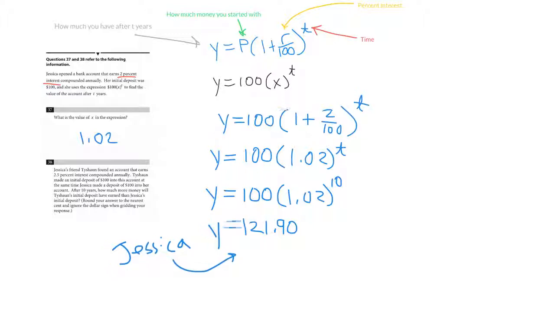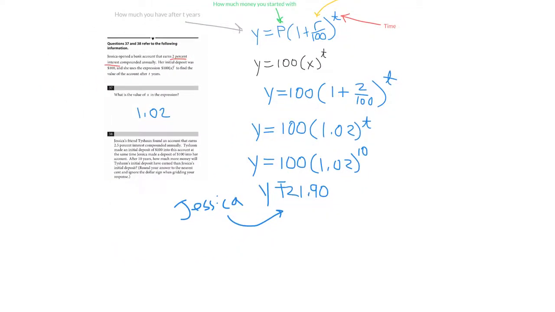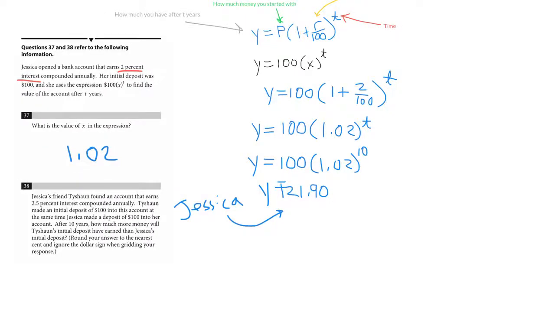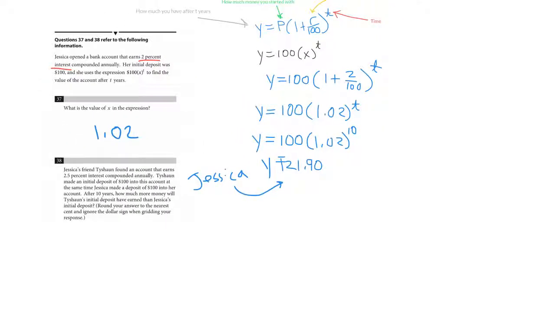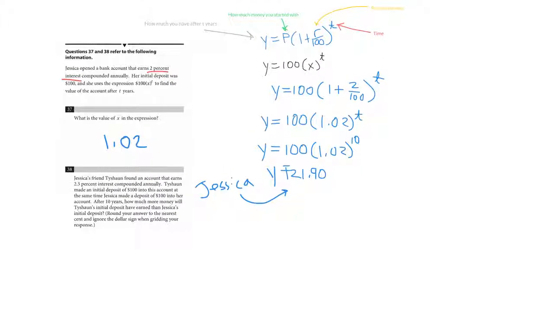So, let's see. Tyshawn, his account earns 2.5% interest. So really it's going to be the same deal where we're going to use this formula here and apply it to Tyshawn's situation.